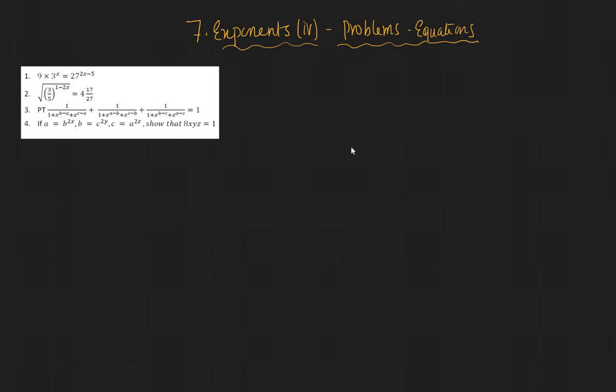Welcome to this video on the problems of exponents. In this we are going to try to solve some equations with exponents in them, and all these problems follow a similar method. The method that we're going to follow is we're going to make this equation such that both the sides are the same base.